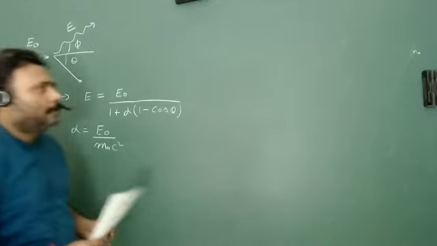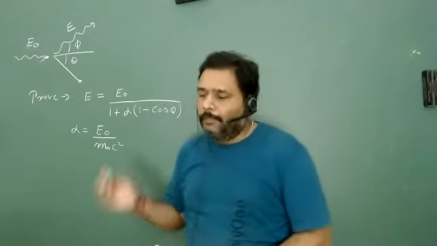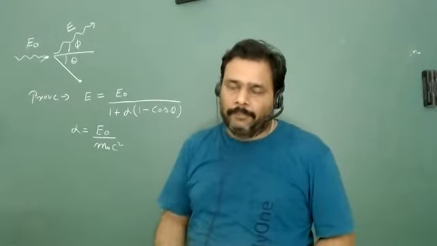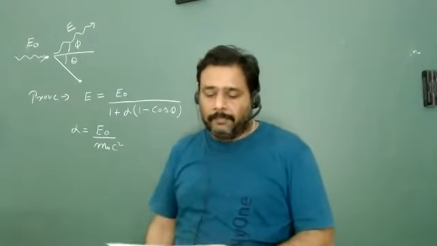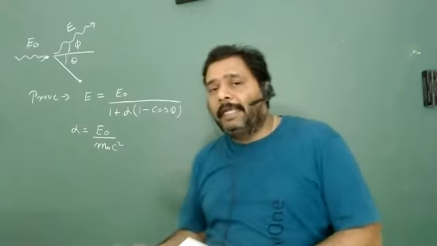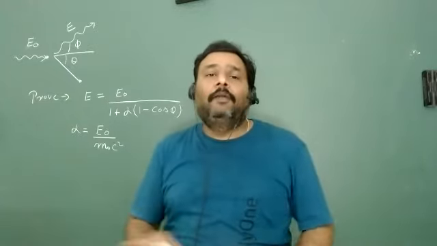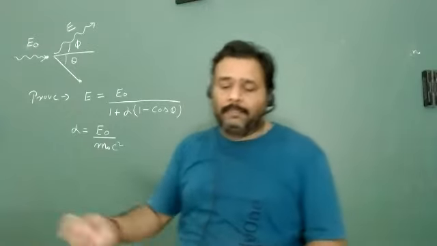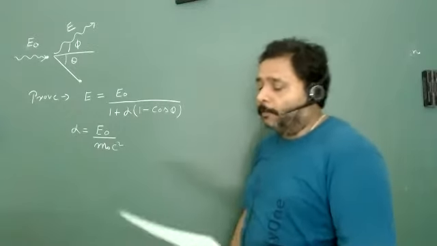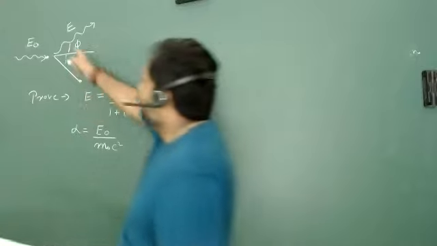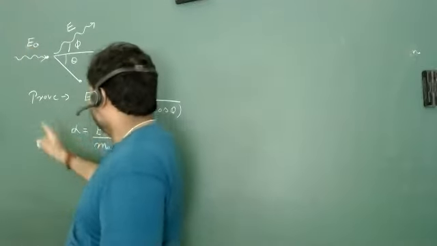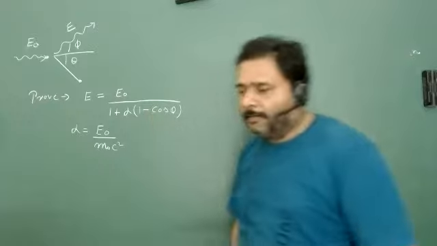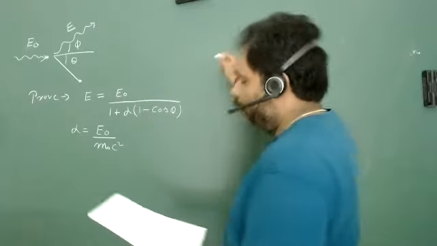So how will you get this? Obviously, you will use conservation of momentum and conservation of energy. Right now we will write everything in terms of energy. Let's say the scattered energy is E and the incoming is E naught. We have to find E as a function of E naught and the scattering angle.